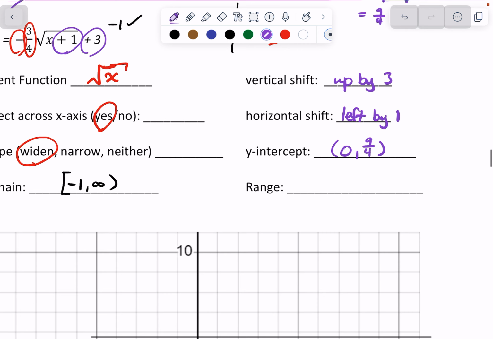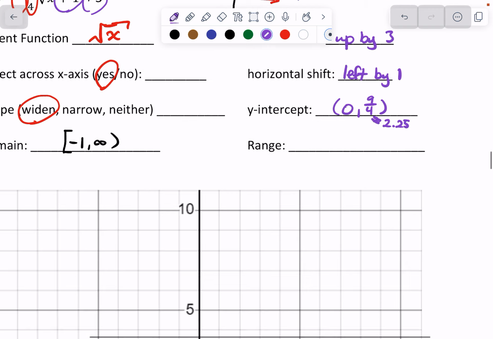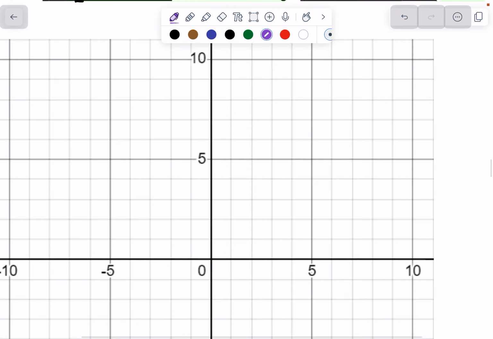So 9/4, if you try to do some quick arithmetic in your head, it's about 2.25. Actually, it's exactly equal to 2.25, which is good for us. And that should be around here. 0, 2.25.